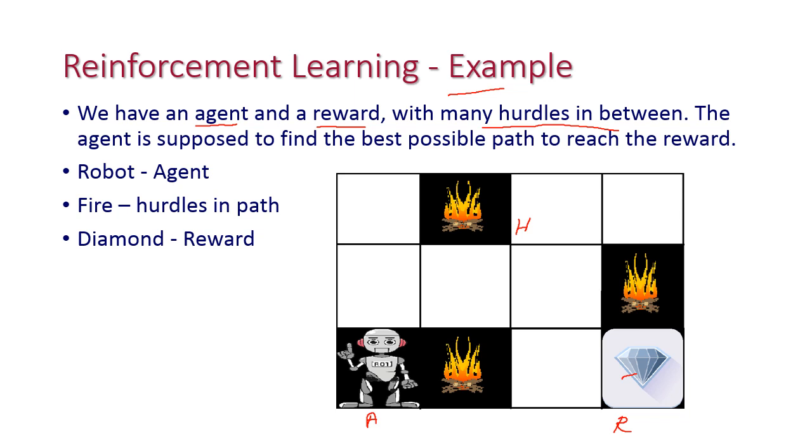That is the path between the robot and the diamond, and the agent is supposed to find the best possible path to reach the reward. Here the robot is our agent, we have a number of fires in the environment, and the diamond is the reward of this particular agent.